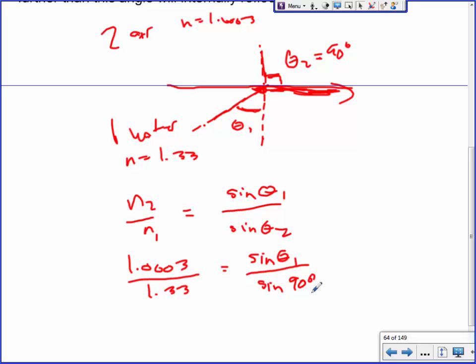So take 1.0003, divide by 1.33, times the sine of 90, inverse sine, 48.8. So that is your critical angle.